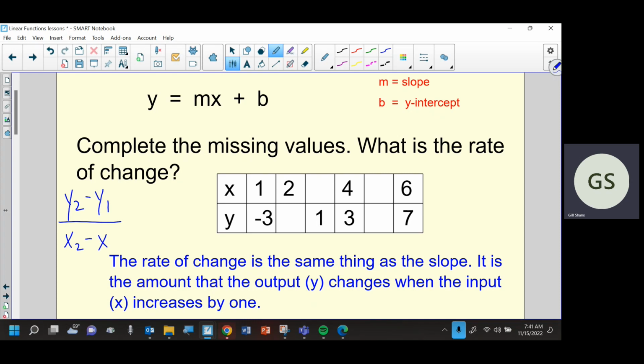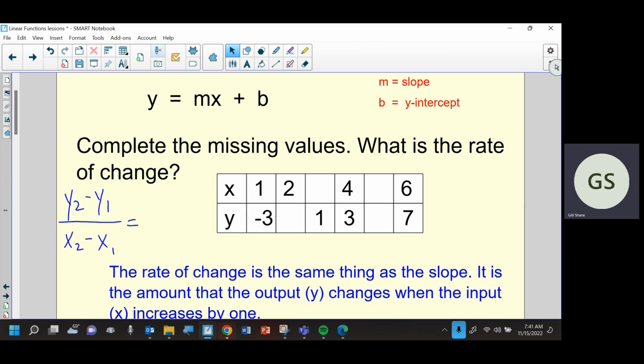You might remember it from before, you've done it. Probably wasn't a big, oh, that's fun. That is the slope formula or the rate of change formula. Take notes. Writing it down.